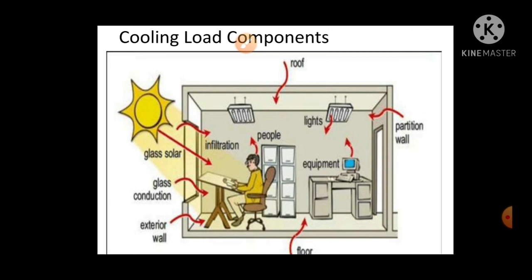Every person continuously emits heat from the body in the form of sensible as well as latent heat. So heat enters the room through the floor, exterior wall, glass of the windows, through solar radiations and infiltration air.